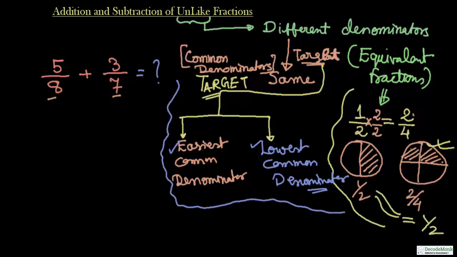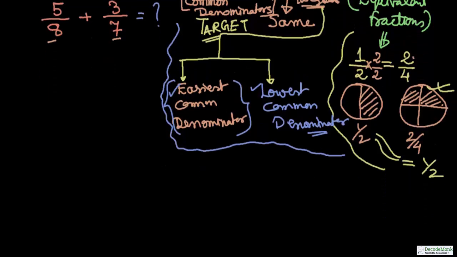So here we will first discuss the easiest common denominator. So let us take the same example of 5 by 8 plus 3 by 7. So I will take a little bit of space over here. 5 over 8 plus 3 by 7. So let me rewrite 3 by 8 plus 5 by 7. Please pay attention to the details over here. So here I am discussing easiest common denominator.